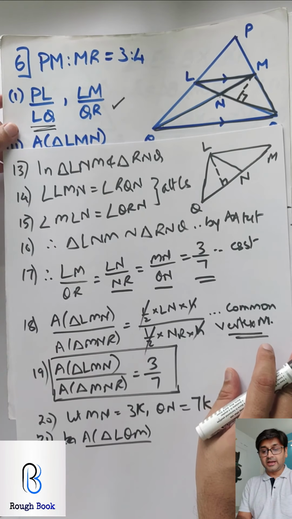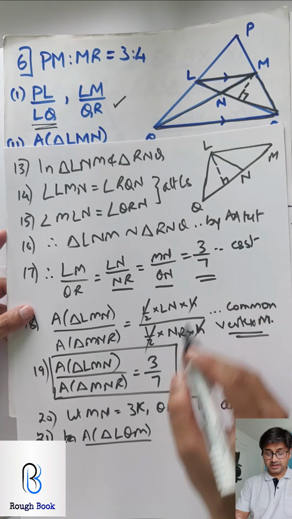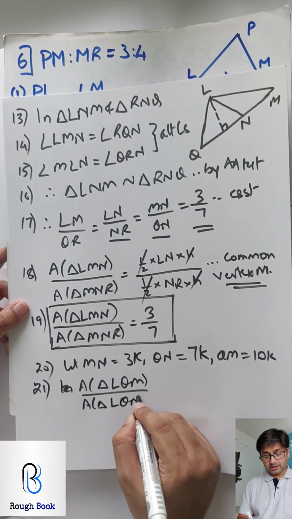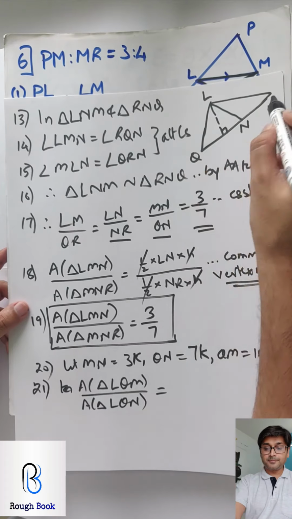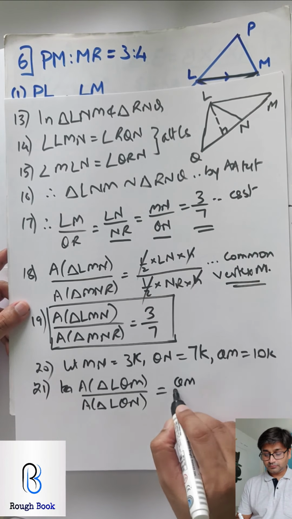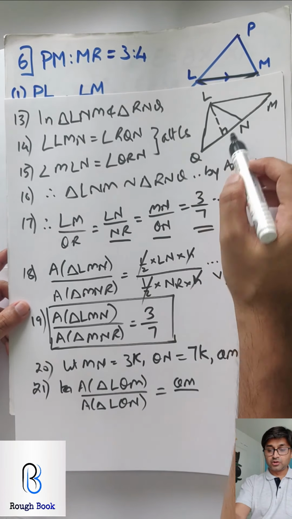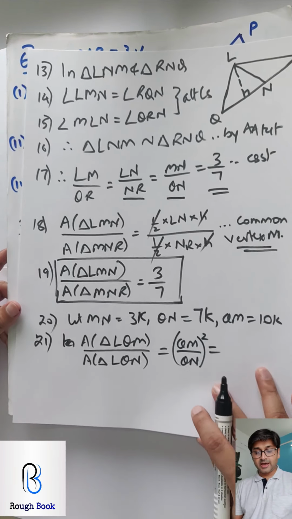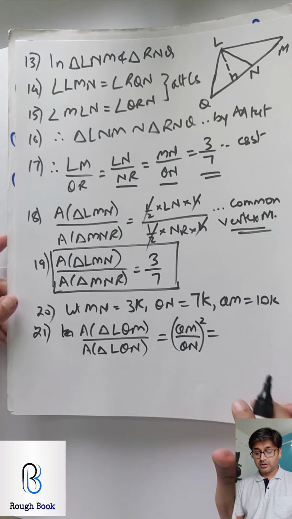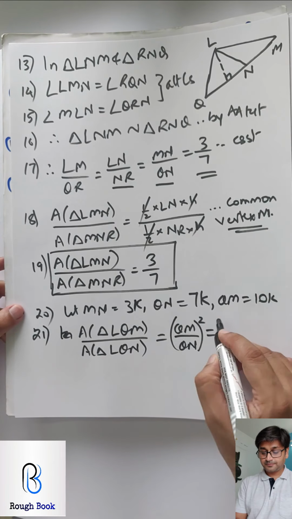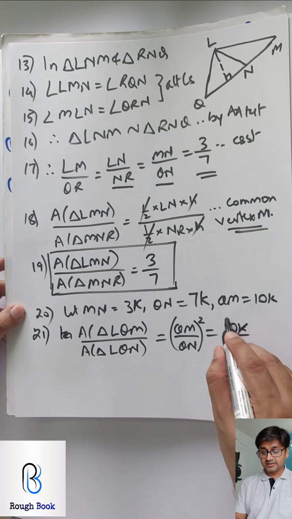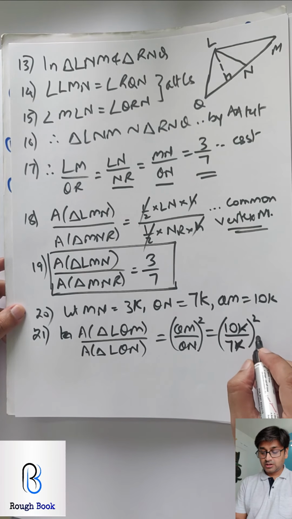So LQN, that is the small triangle here. So area of triangle LQM upon area of triangle LQN will be QM upon QN the whole square. So QM, how much is QM now? QM is 10K and QN is 7K. K gets cancelled, whole square.